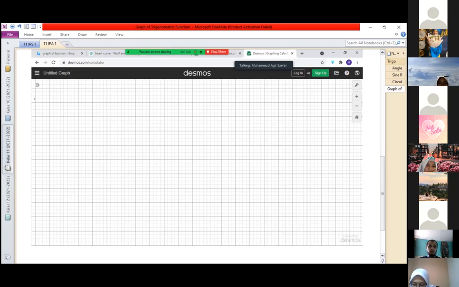I think I mentioned before the difference between plotting and sketching. When you are plotting the graph, you are putting the coordinates of the points on the plane, and then you draw some lines to connect the points.